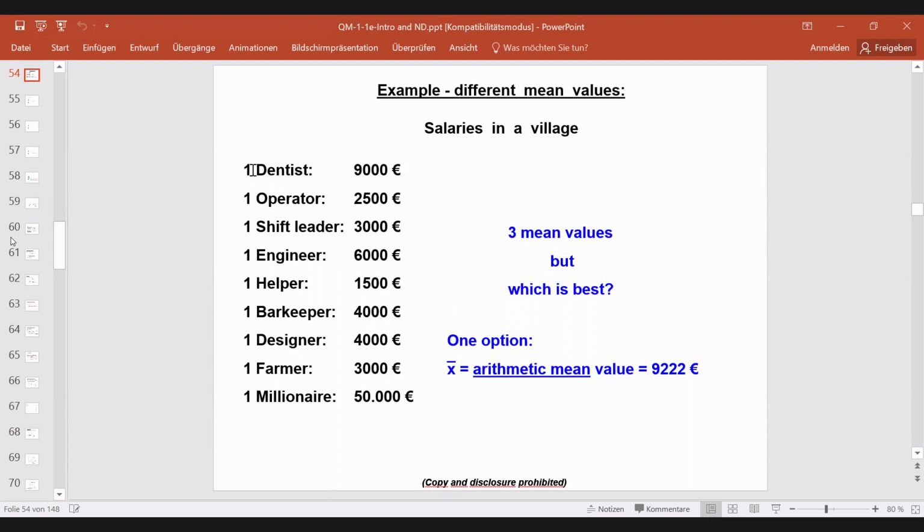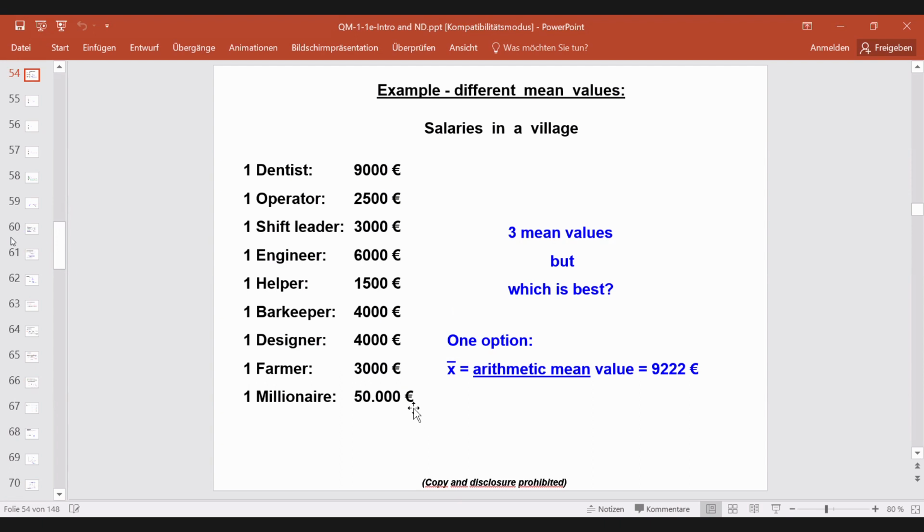This means there is a dentist, he has 9,000 euro in a month, an operator with 2,500, a shift leader, an engineer, a helper, a barkeeper, a designer, a farmer, and there is one millionaire, and he has a lot of money, of course, because he's a millionaire. He has 50,000 euro every month.